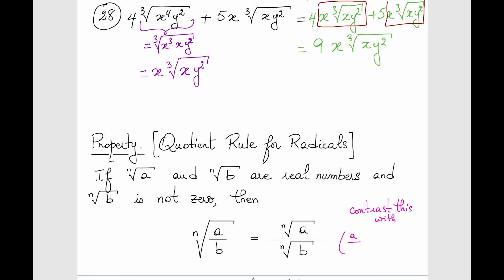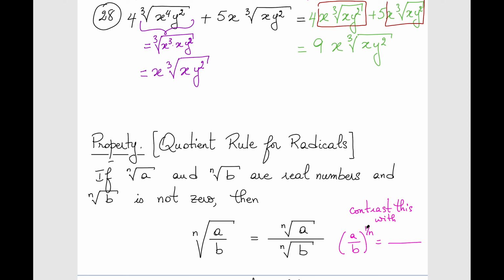Remember in an earlier section, probably a couple sections before, the power of a quotient, at the time we had the power labeled as p or q. This is the same as the quotient of the powers, right? And we said the power can be any rational number. In this case, I'm taking 1 over a natural number, because it's the index.